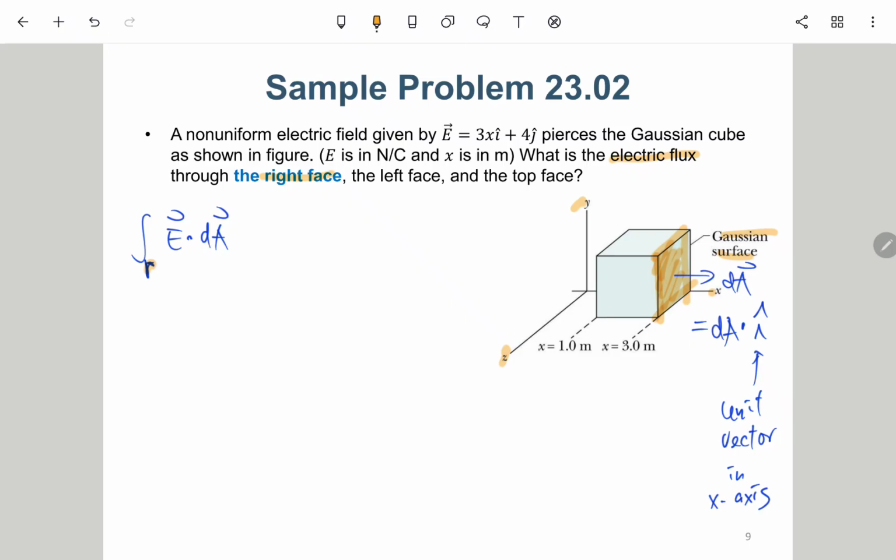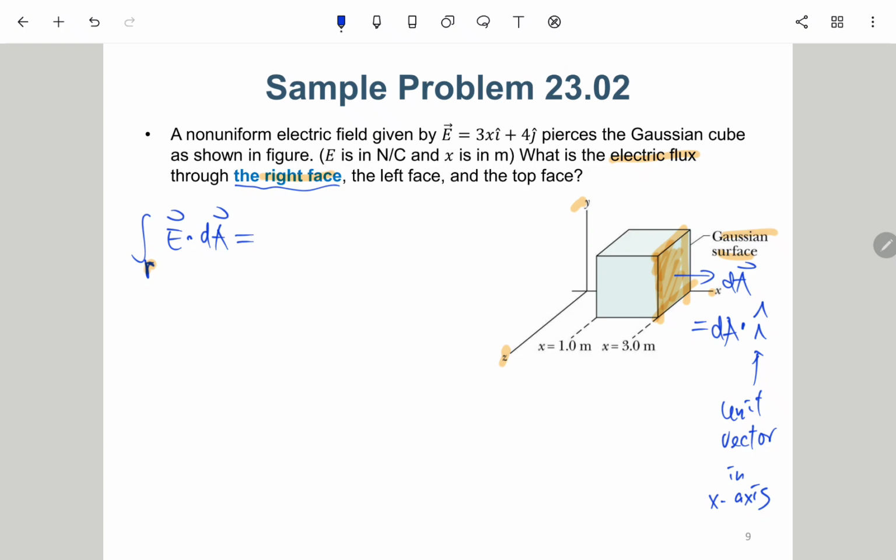It just refers to it, but of course you need to define it. I define it by mouth, telling you that this R refers to the right face. It is straightforward because the sample problem is asking you the net flux, or the total flux, for the right face.